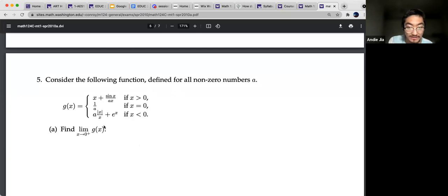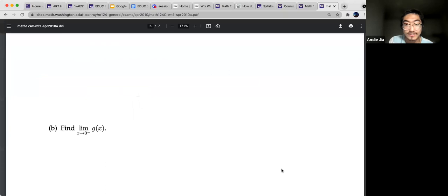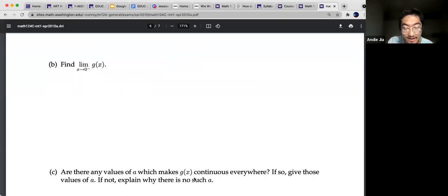Then we need to find the left side limit and whether they're equal. So we need to set 1 minus a equal to 1 over a, then find if the two a's are equal. If they are not equal, then the limit does not exist, and the function is not continuous everywhere.